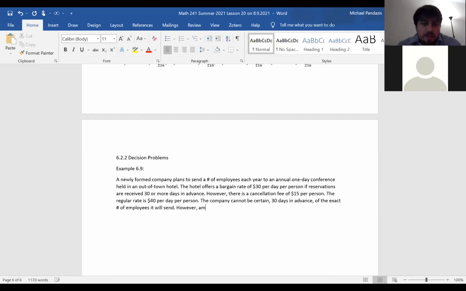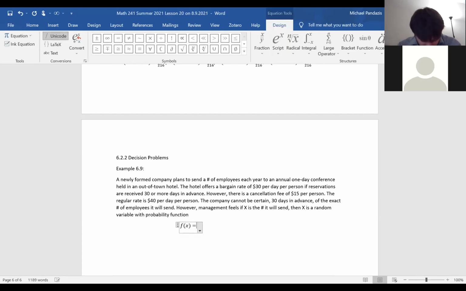However, management feels if capital X is the number it will send, then capital X is a random variable with probability function f of x equals 1/4, for x equals 4, 5, 6, or 7.